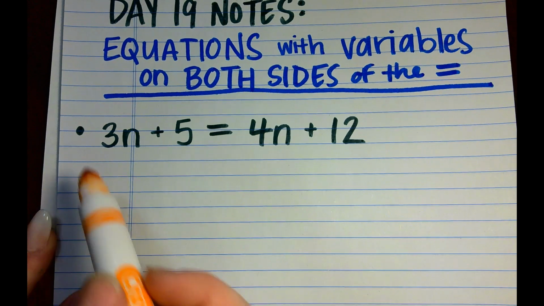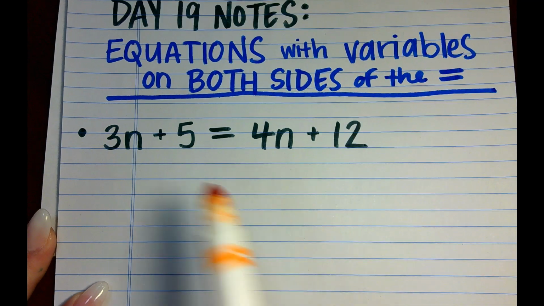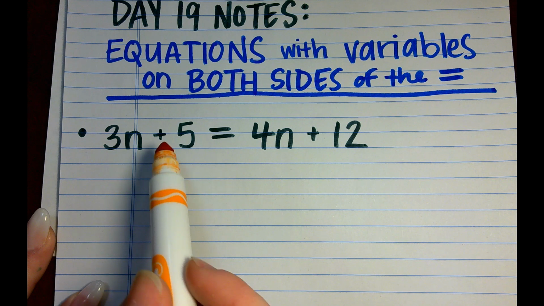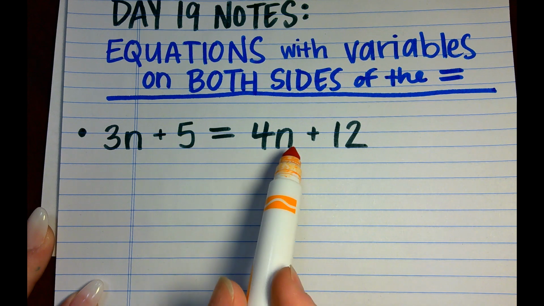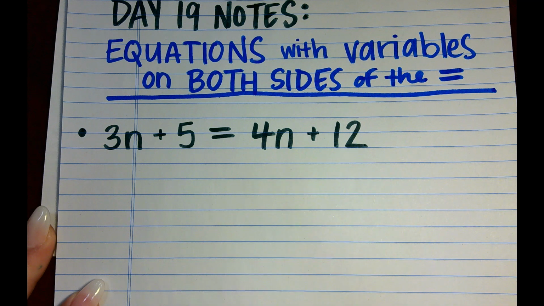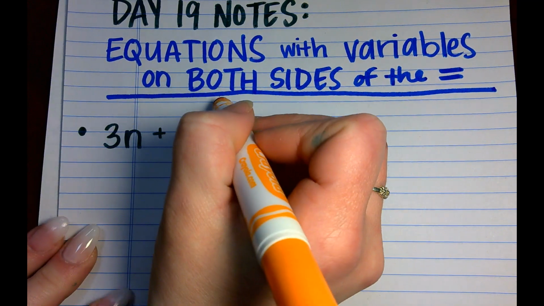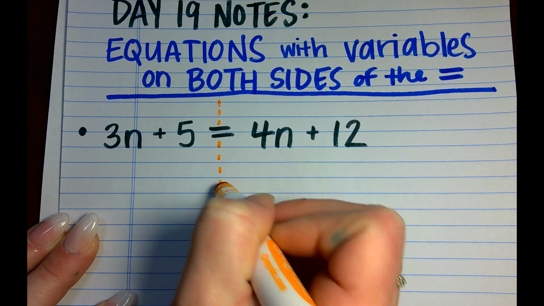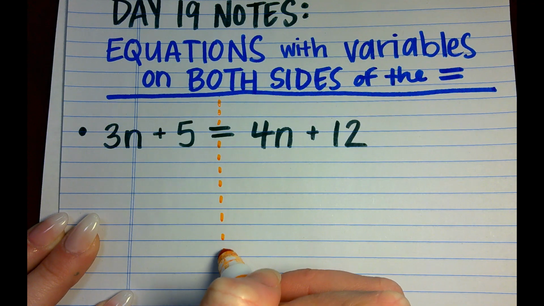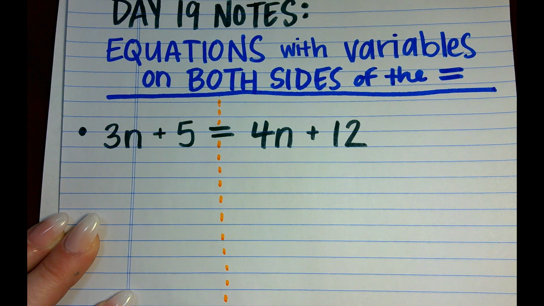Okay. So I'm giving you this equation. 3n plus 5 equals 4n plus 12. You don't have to draw the line, but I am going to draw a line where my equal sign is. And I'm going to make it a long line.